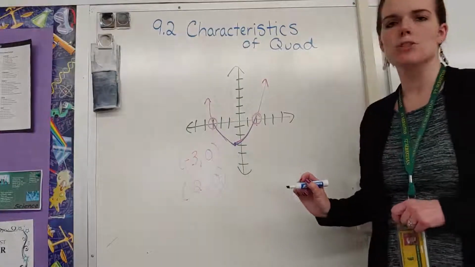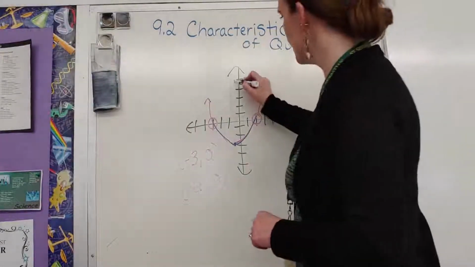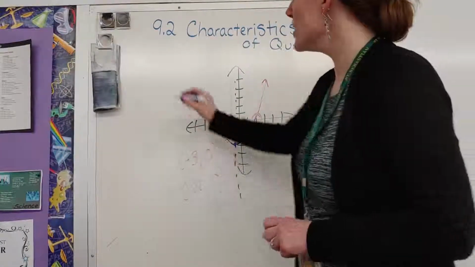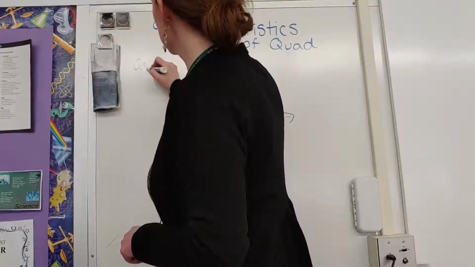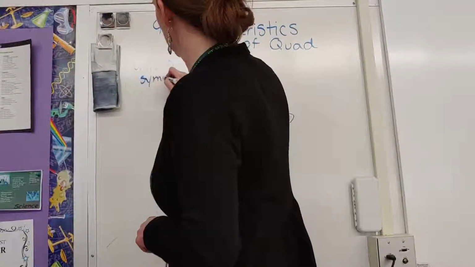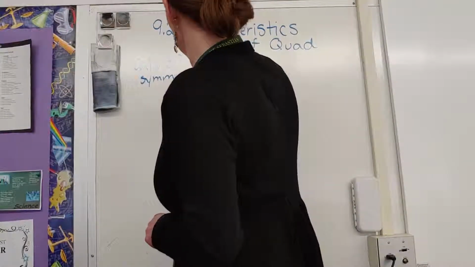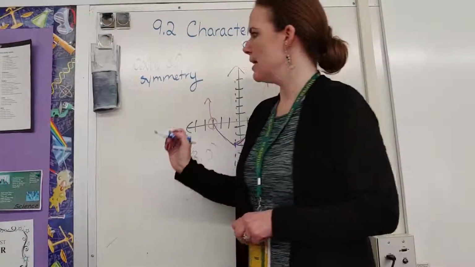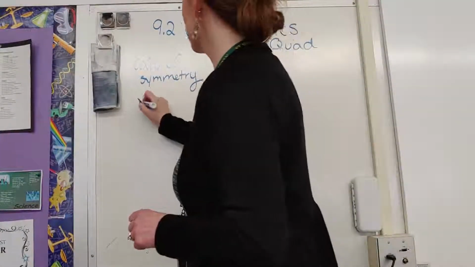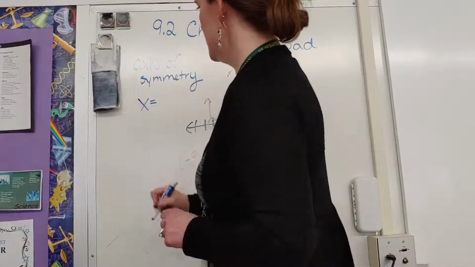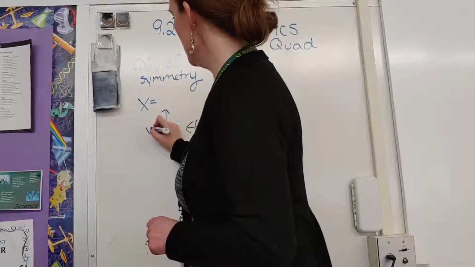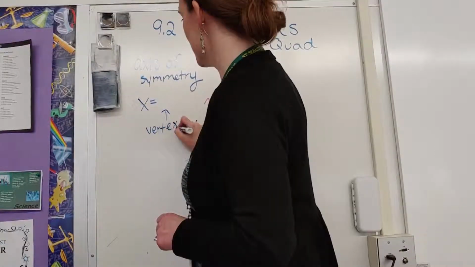The axis of symmetry will always divide your picture in half, and it will always go through the vertex. It's always an equation, so it's always x equals whatever the vertex x value is.